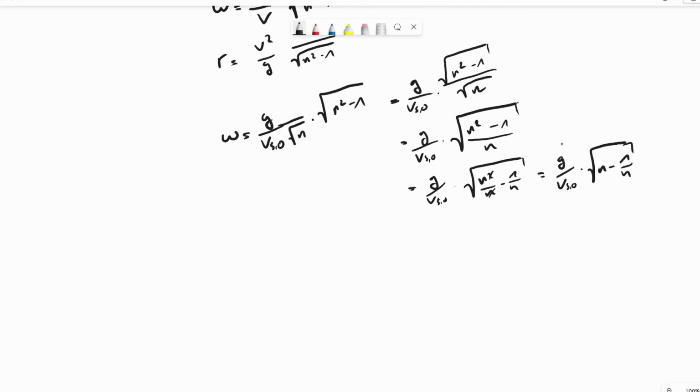Okay, and now the limit of omega, n toward n max, is hence the limit of n toward n max, and for omega we have this equation: g over v s0 times the square root of n max minus 1 over n max.